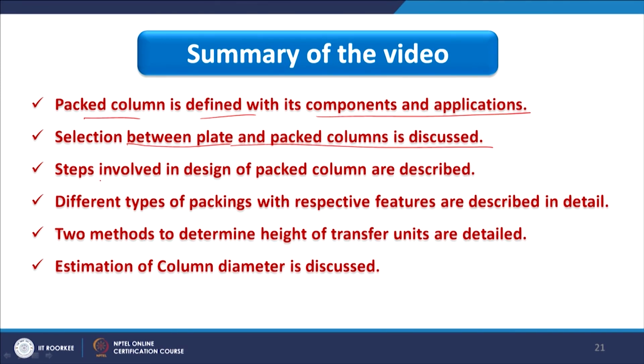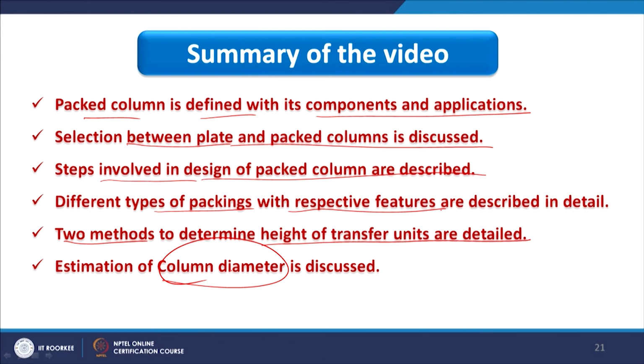We have discussed steps involved in design of packed column, and we have described different types of packing with respective features, and along with that we have discussed two methods to determine height of the transfer units, that is Cornell's method and Onda's method, and then we have a discussion on how to calculate the column diameter.